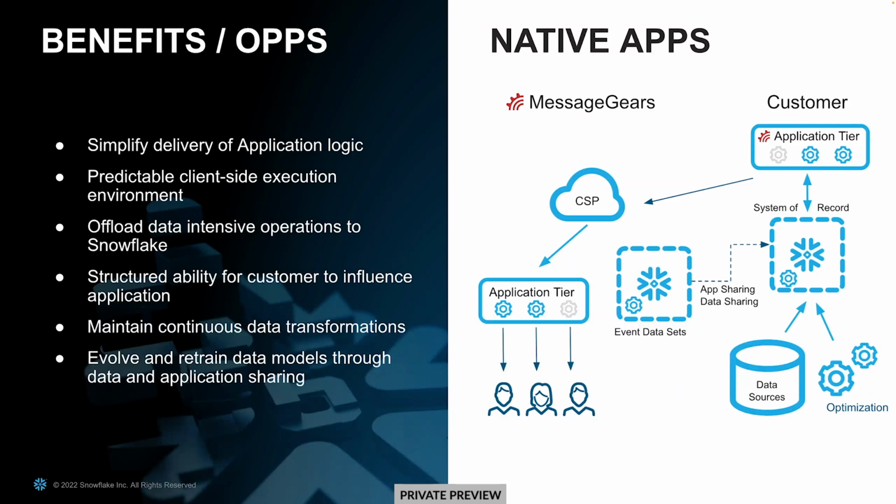Customers will be able to take advantage of changing models and natively integrate their data science algorithms into our running logic and deliver continuous transformations to their data cloud. Through all of these operations, we'll be able to improve overall delivery and give marketers an even more powerful customer engagement platform. Thanks, Kevin. Back to you.